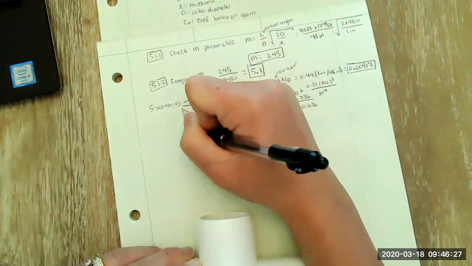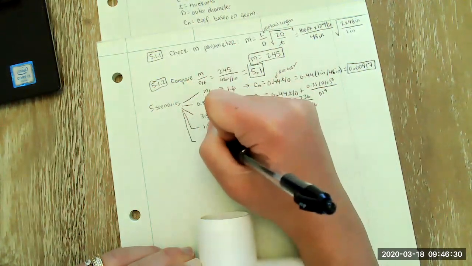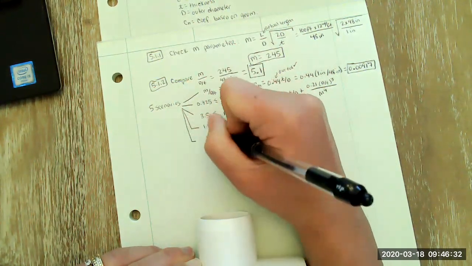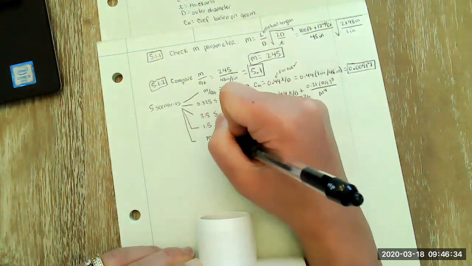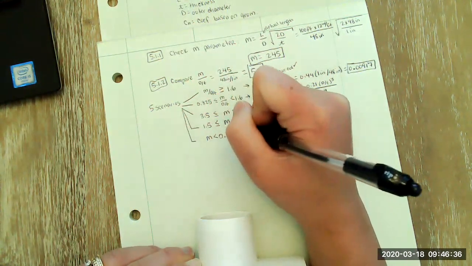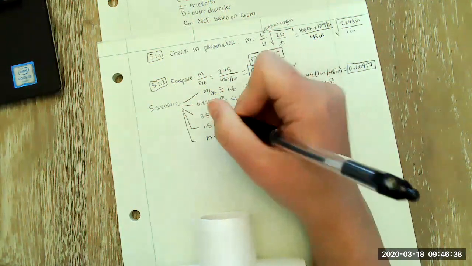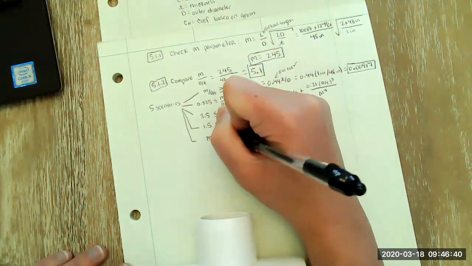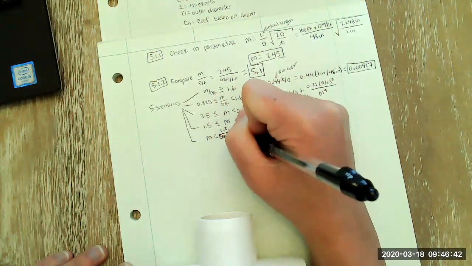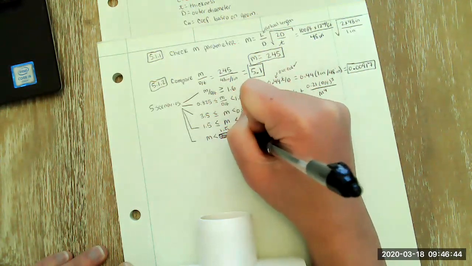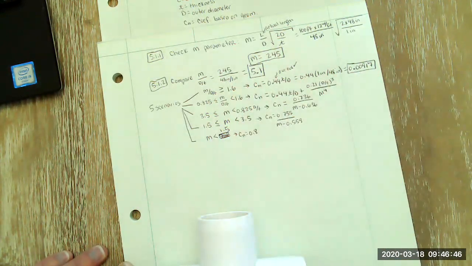And then finally, if m is less than 1.5, we have C sub h equals 0.8.